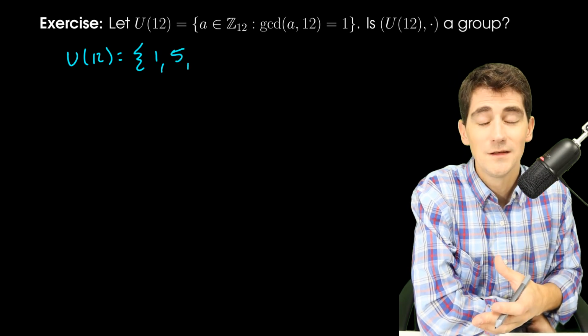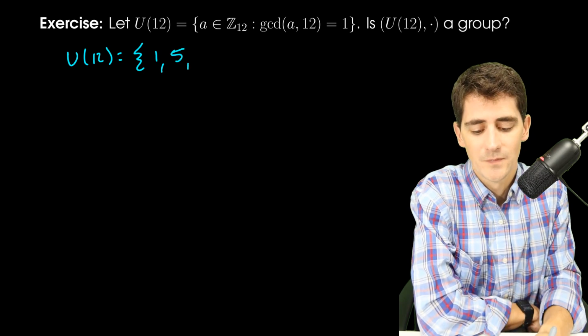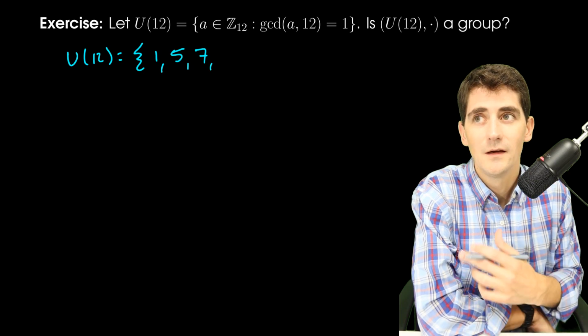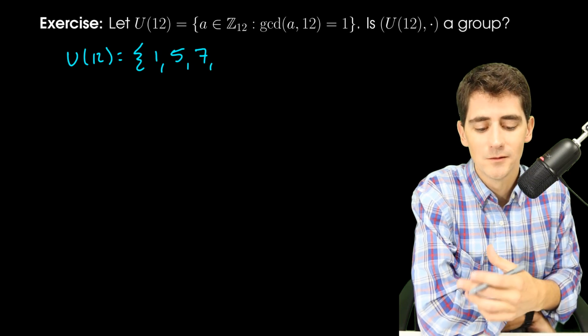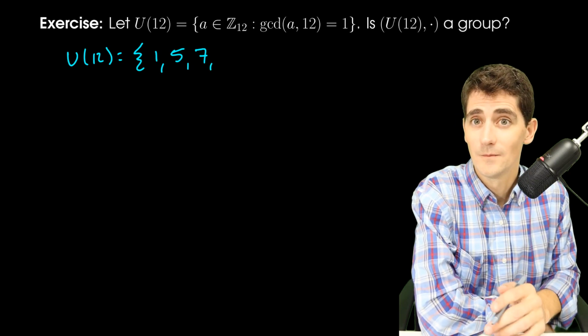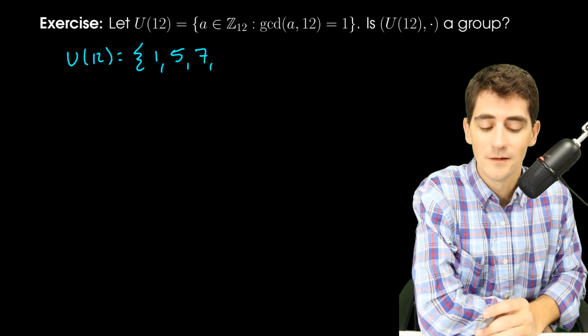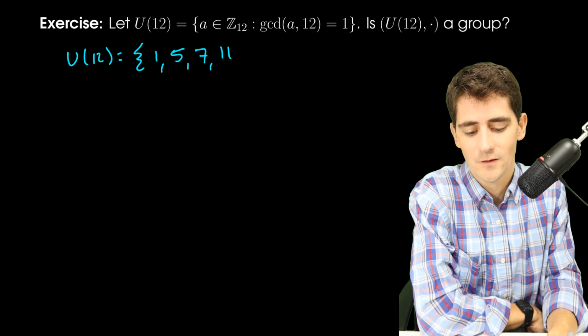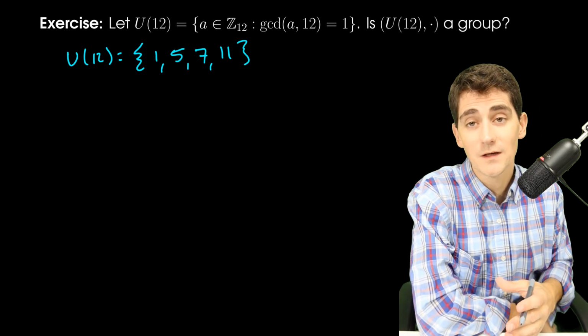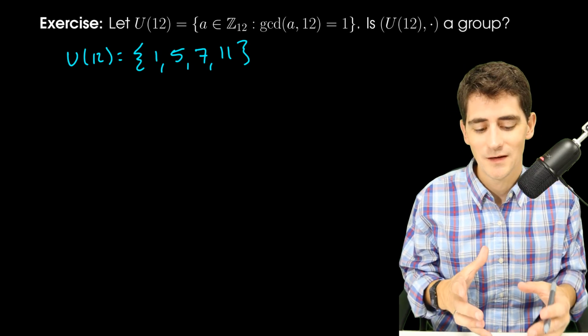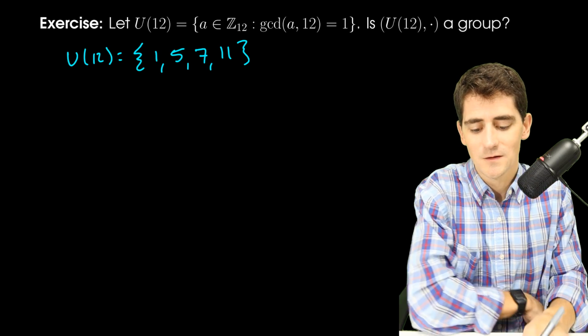Okay. GCD of 6 and 12 is not 1. 7, definitely. 8, no. 9, no. GCD of 9 and 12 is not 1. 10, nope. How about 11? Yeah. And then 12, no. Okay, so I'm just looking at the elements 1, 5, 7, and 11 with multiplication.